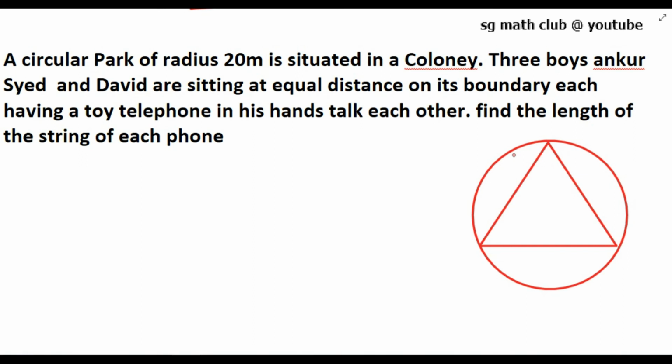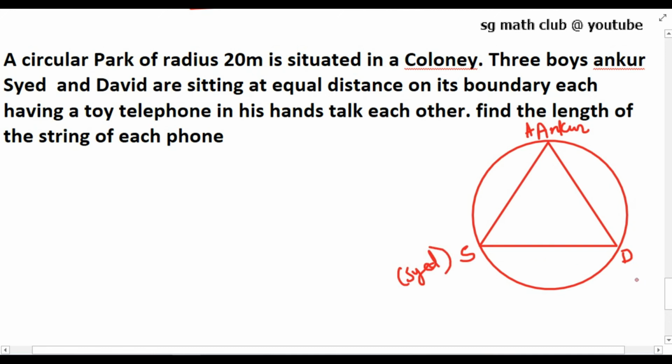First, suppose Ankur is sitting here. We can name this point as A, this as S and this as D. Said is sitting here, and David is sitting in this corner.